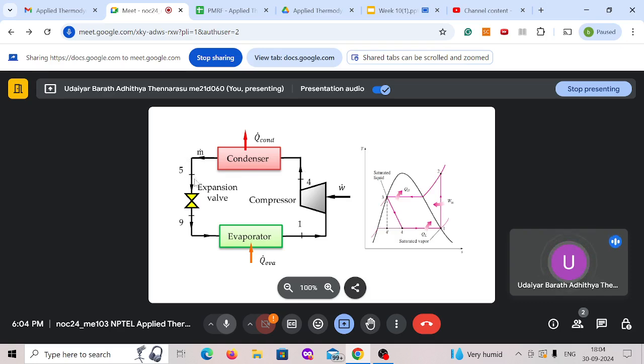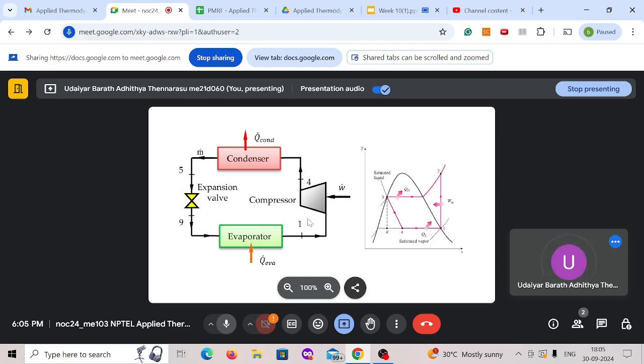That is then expanded through an expansion valve, and from the expansion valve you send it to an evaporator. The fluid here at state 9 is at lower pressure, and the temperature is also lower, and it picks up heat, and in turn cools your required space.